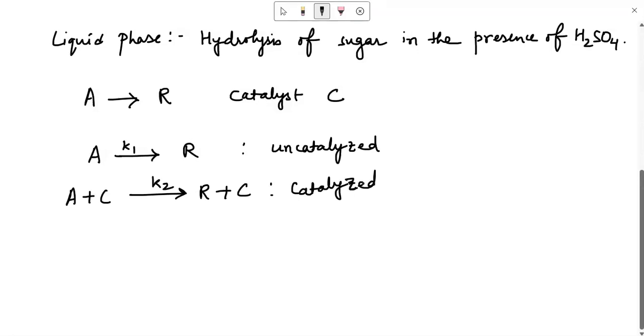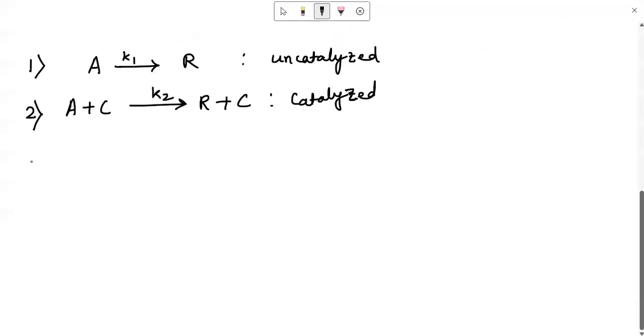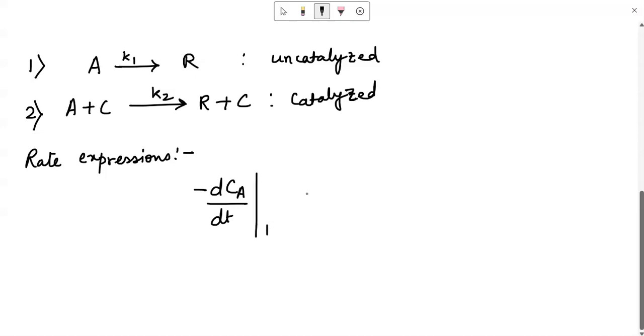Like multiple or parallel reactions, we have to write all the stoichiometric expressions to study the kinetics. Now the corresponding rate expressions are written. Let me label the uncatalyzed one as reaction 1 and the catalyzed one as reaction 2. The rate expressions become, for the uncatalyzed one, minus dCA/dt for reaction 1 equals K1 CA.